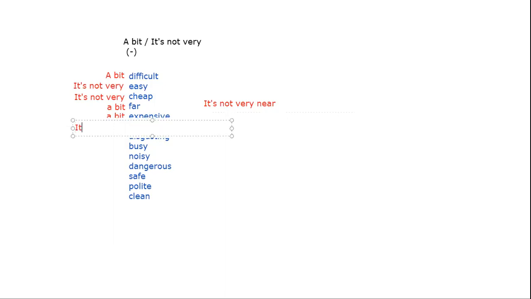It's not very. What about the next one? Disgusting. A bit. A bit. Very good. Todos los adjetivos que tengan esa connotación negativa, para suavizar, vamos a utilizar el a bit. What about busy?